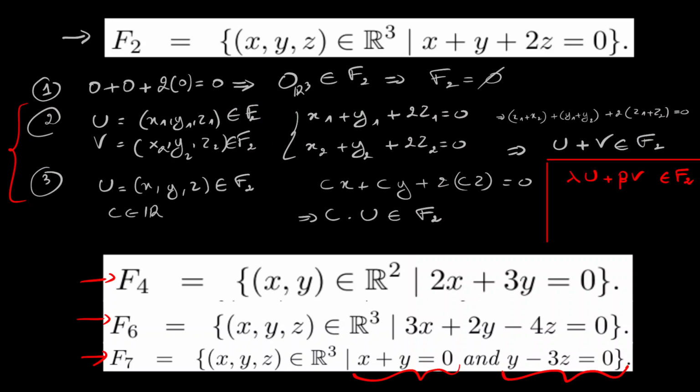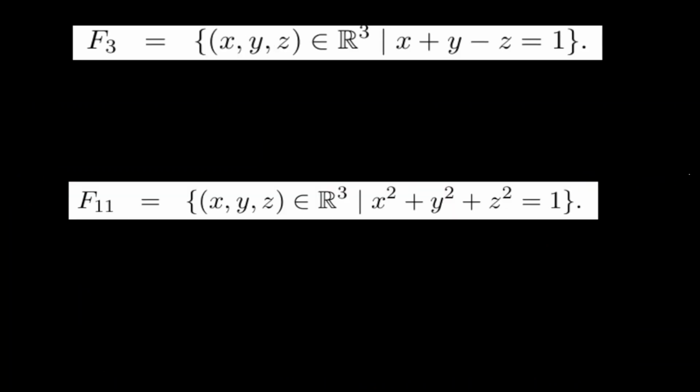However, be careful, not all equations define subspaces. Let's look at the sets F3 and F11. Your first reflex should always be to test the zero vector. If we set x, y, and z equal to 0, we get 0 equals 1, which is impossible.